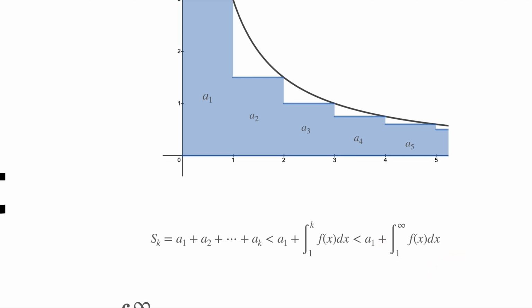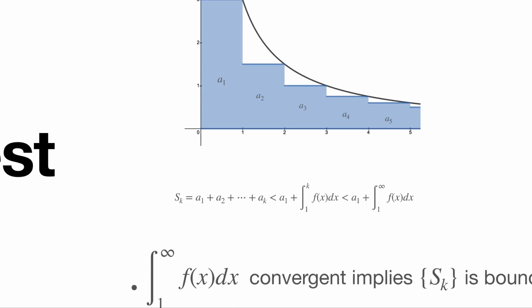Nice. No worries there. Make an assumption. Let's suppose that the integral from 1 to infinity of the function is finite. Well, then each of these, s sub k, will be less than this finite quantity.